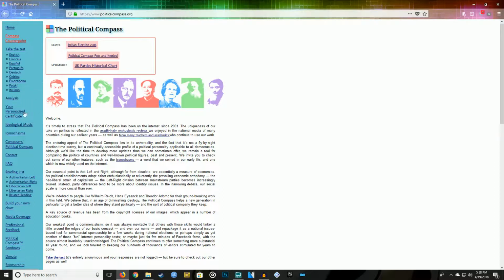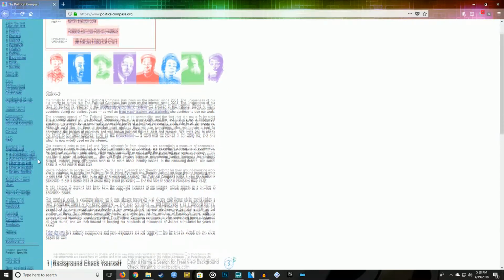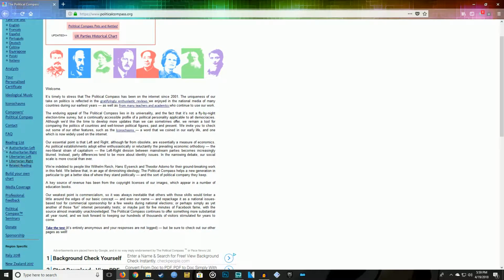It has an analysis, your personalized certificate, ideological music, which is kind of interesting. This right here is what I found really cool, a reading list. So I guess depending on what you align with, if you're authoritarian left, authoritarian right, libertarian left, libertarian right, then you can have things for you to read, I suppose.